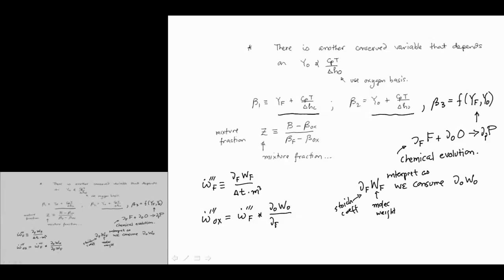So basically what I'm saying is that if I had this conservation equation now for the oxidant, I can multiply this, or I can divide this by nu O, WO, nu F, WF, and combine it with the fuel equation.